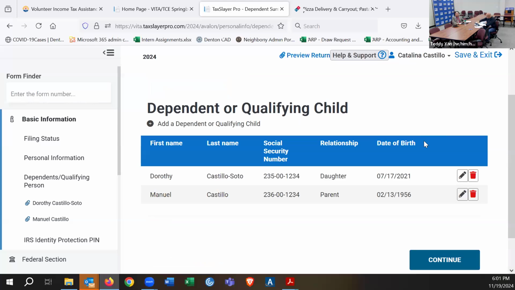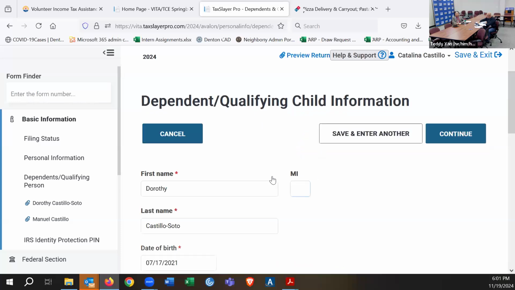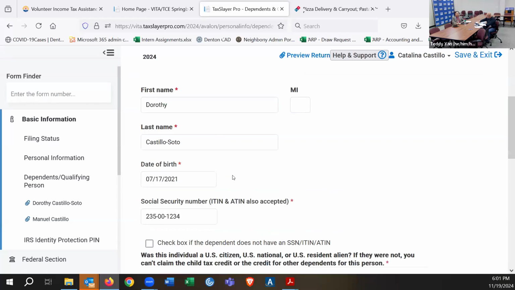In the dependents and qualifying people section, we've already determined that both people are her dependents. So just looking at Dorothy or Dottie's stuff, we again have to amend the name, so Dorothy, and then we have to put Castillo Soto, because that's how the Social Security Administration understands her name to be.